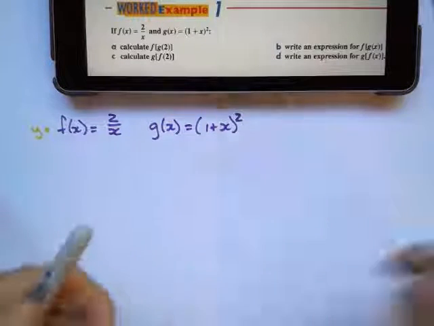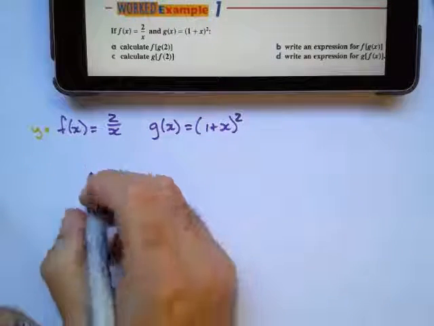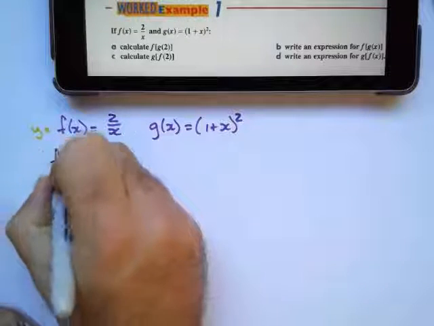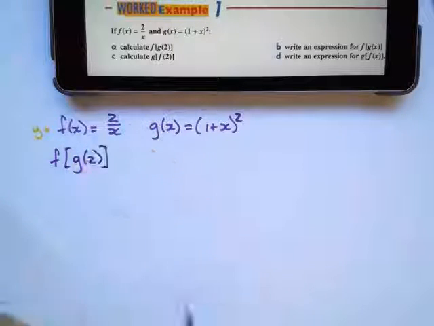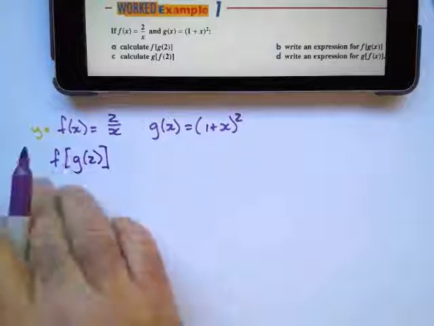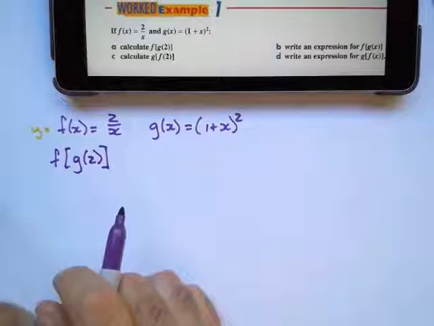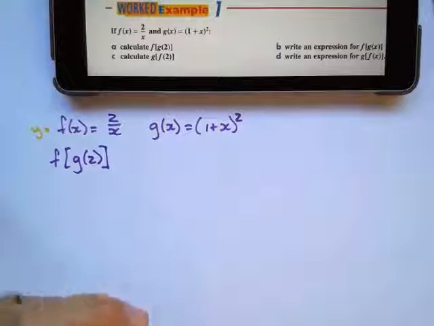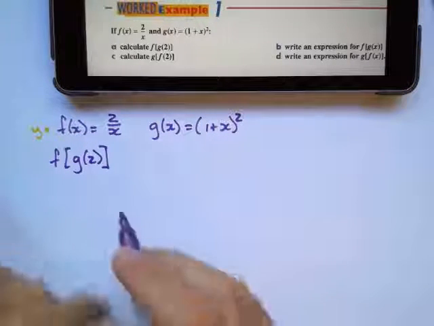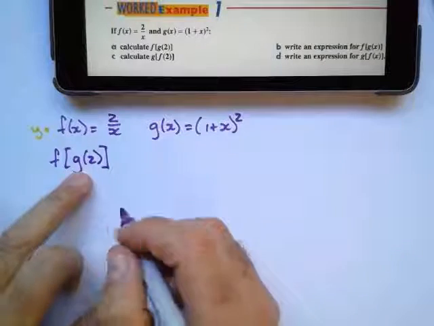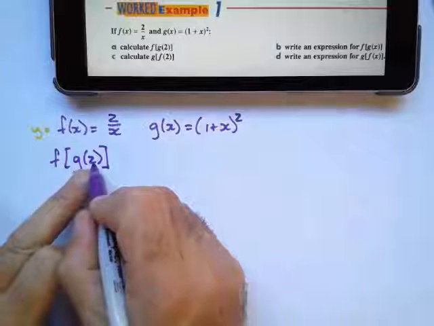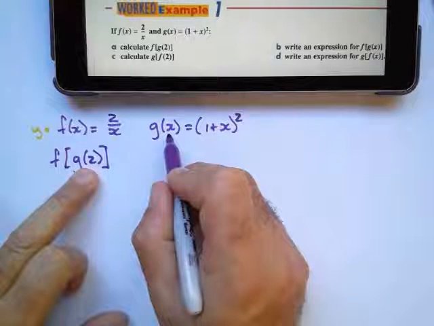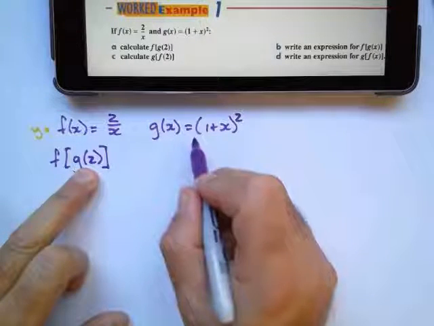Now, in the question, they say calculate f of g of 2. What is the value? And what we're going to do is use it like we do with brackets. We're first going to find the value of g(2), which means I have to substitute 2 in the place of x in this function.